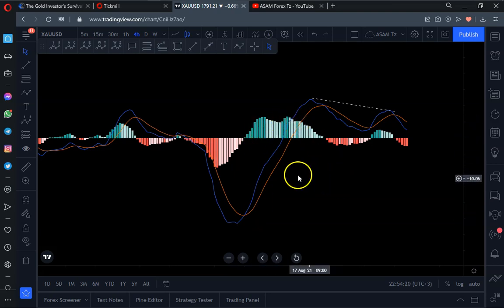So how are we going to use them? When histograms are short, while MACD and signal line are maybe to the upside, we expect the building of momentum on the bullish side.